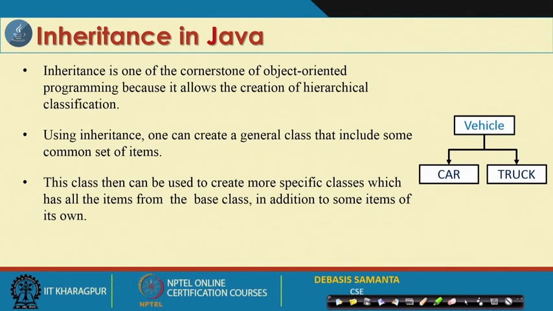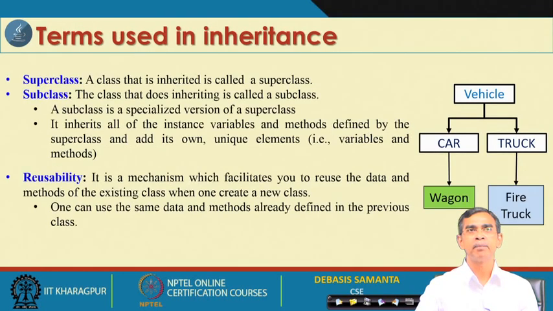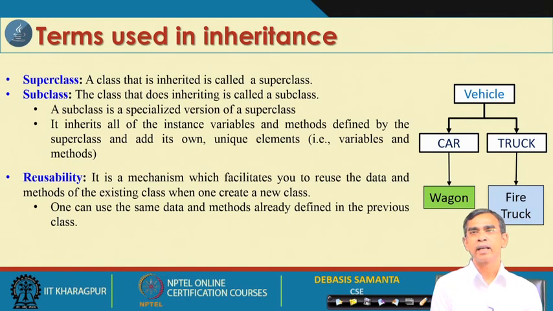Now, inheritance in Java is very useful for many reasons. The first reason is that using inheritance, given a class, we can create another class. Given a class we usually call it a super class, and the other class we create from it is called the subclass.